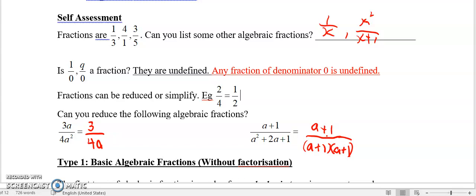If you remember your cross-method factorization, it can be used to factorize, or you can use identities for this case. After factorization, you will see that the numerator is similar to one of the factors in the denominator, so we can simplify it by cancellation. We will end up with a fraction of 1/(a+1). This is how we reduce or simplify algebraic fractions.